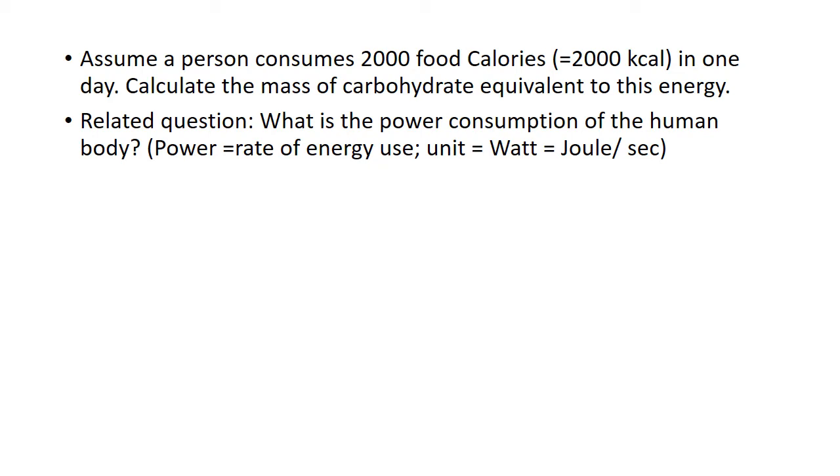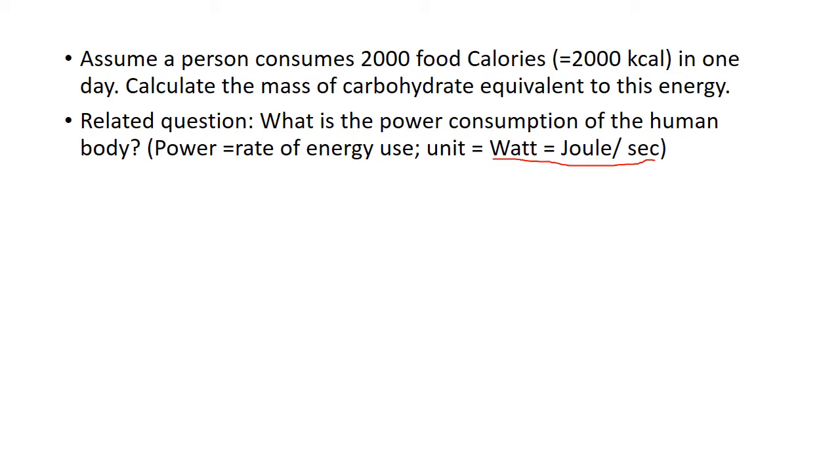I want to emphasize power is something very different from energy. The standard unit of power is the watt, which is 1 joule per second. You might be familiar with this unit, say a 60-watt light bulb that uses energy at the rate of 60 joules every second.